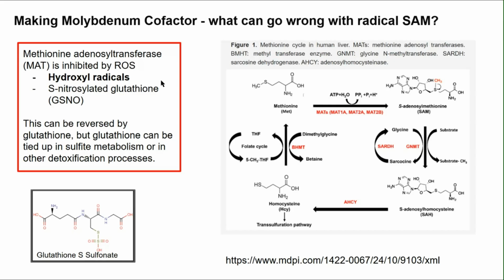So one more thing to talk about, why I keep harping on the hydroxyl radicals. Hydroxyl radicals can inhibit methionine adenosyl transferase, or MAT. MAT is the enzyme that converts methionine to SAM.